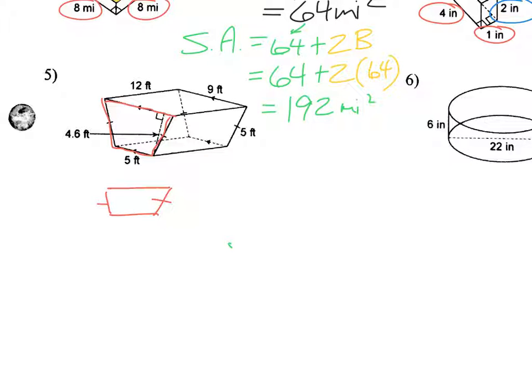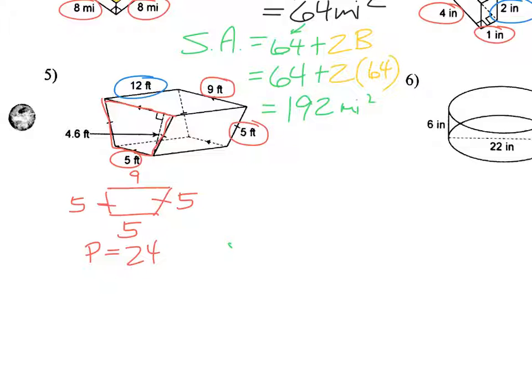It's isosceles, so this right here is 5. So that means this is 5. This right here is 9. And this right here is 5. So perimeter here, if I add all those together, that gives me 24. Okay, the height of the prism is actually the 12.